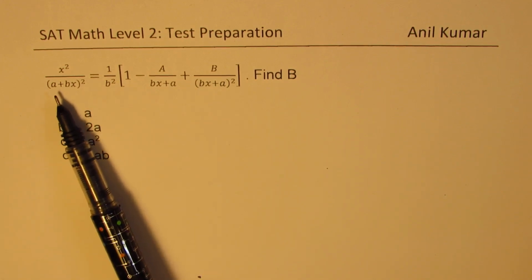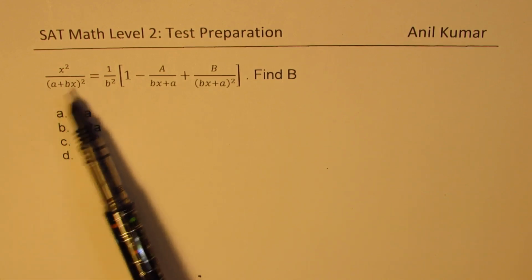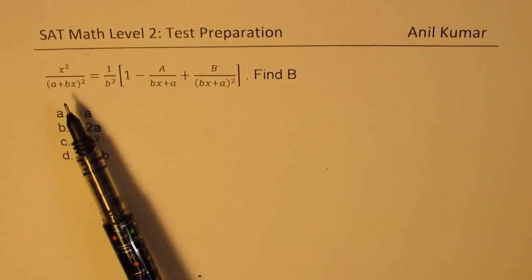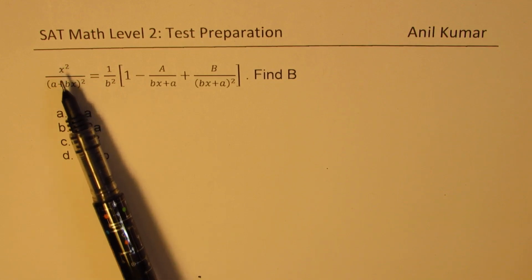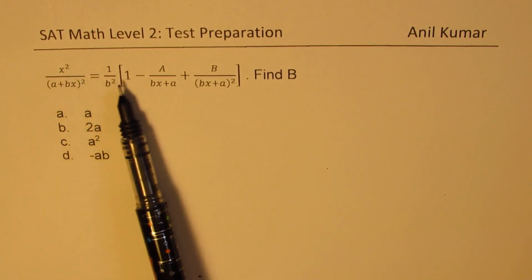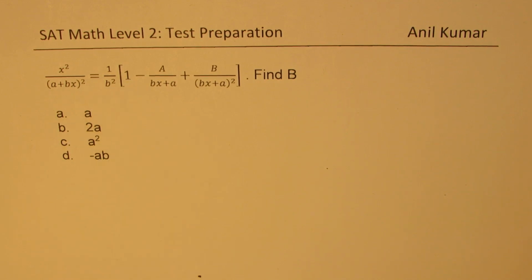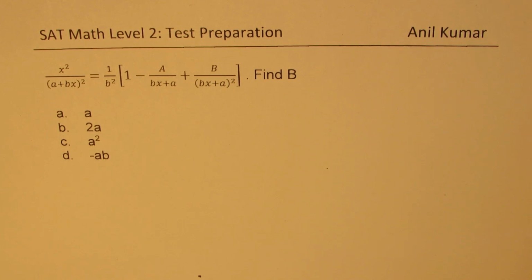When you have a linear repeated factor, you can always break it up like shown here. Since the degree of numerator and denominator is the same, we first divide and get a whole number.